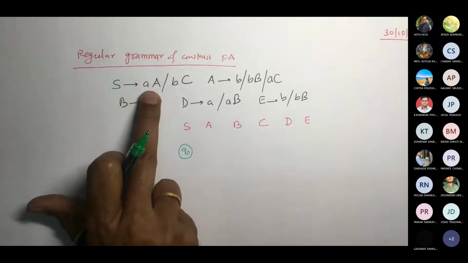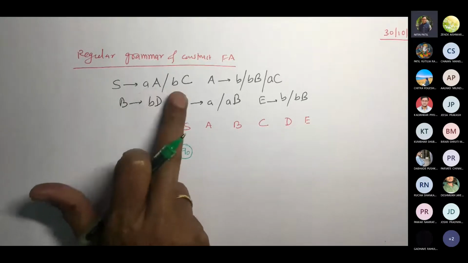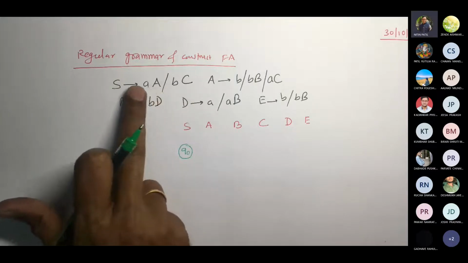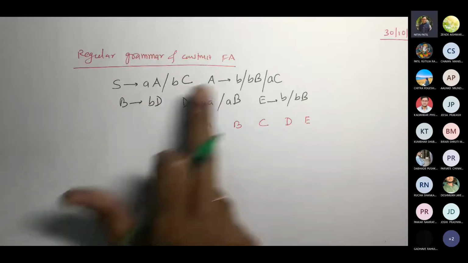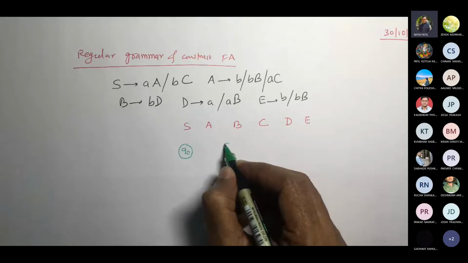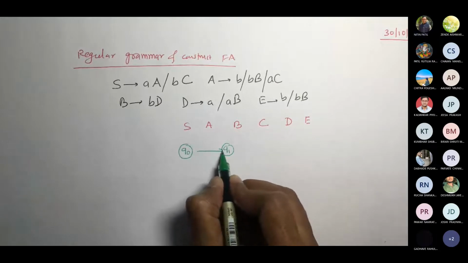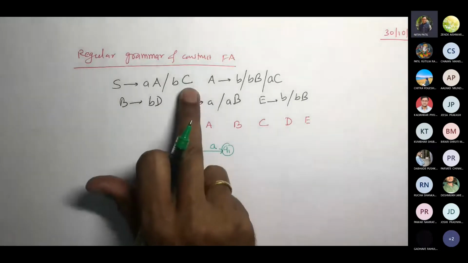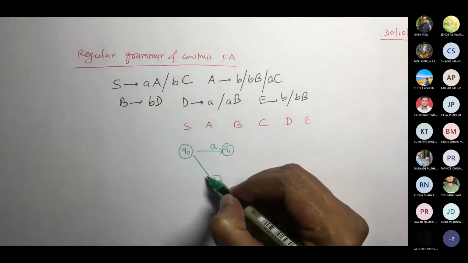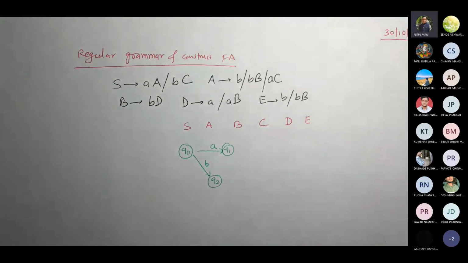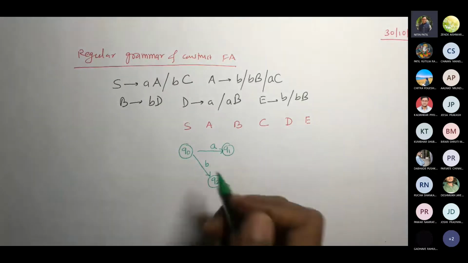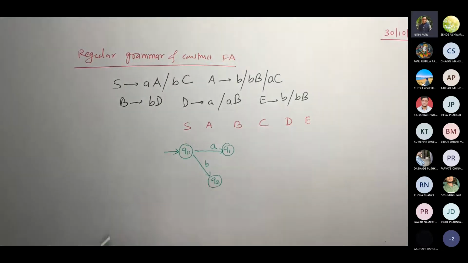Now I know that S is not giving me a direct terminal. Is it giving me a direct terminal? No. So whatever states come along with the first production, I will go along adding the states. It says AA, so I will say Q1. This one is added. Now BC, so I will take Q2 this way. So this is our start state.